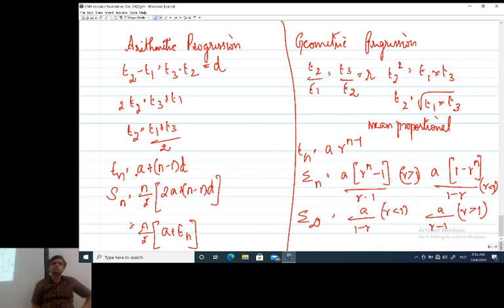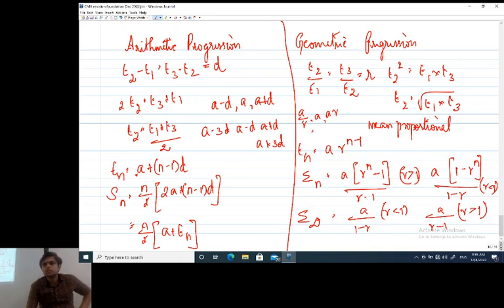Now, other points to remember. When three terms are given to be in AP or GP, if it is AP, it is going to be A minus D, A, A plus D. If it is GP, it is A by R, A, AR. If four terms are given, A minus 3D, A minus D, A plus D, A plus 3D. In the GP, A by R cubed, A by R, AR, AR cubed.